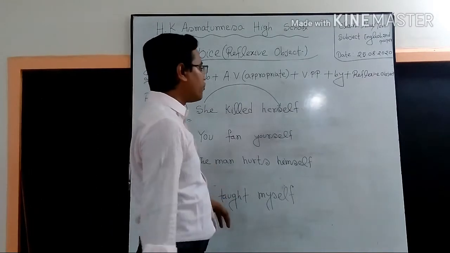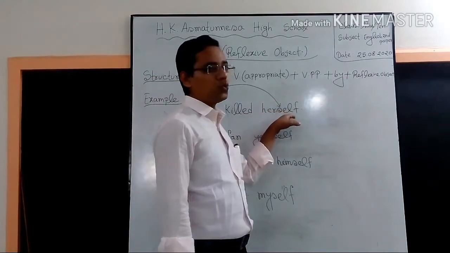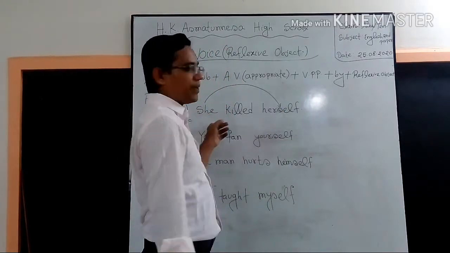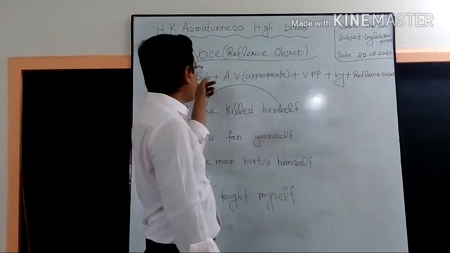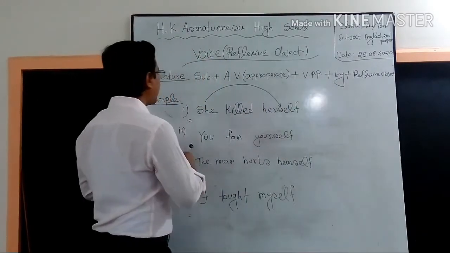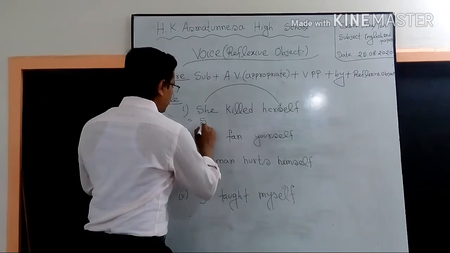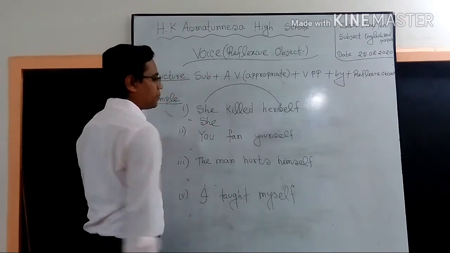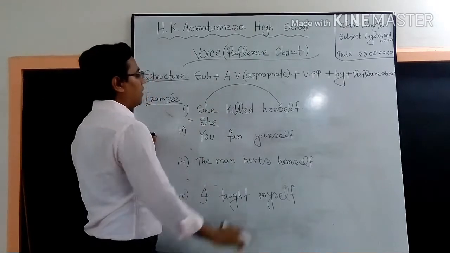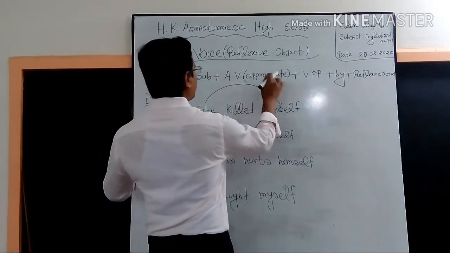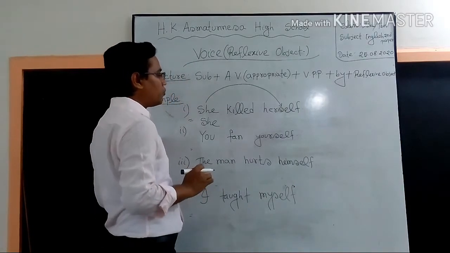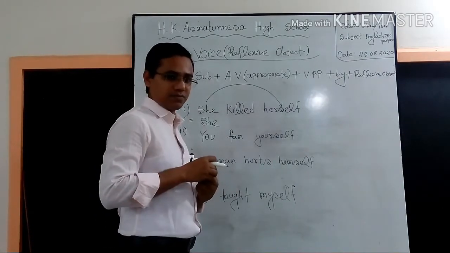Since we have been able to find out the reflexive object, we can make it passive if we follow this structure. According to the structure, we will write the subject. The subject will be unchanged. That means we will write she. And we have to bring the appropriate auxiliary verb. Since there is no auxiliary verb and the main verb is in past form, we have to bring was or were.